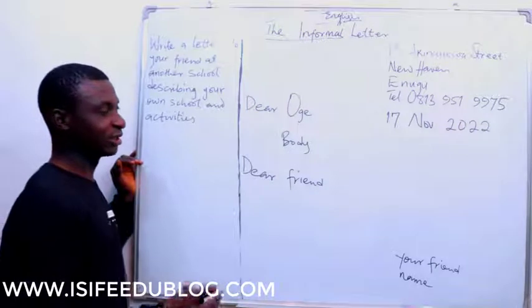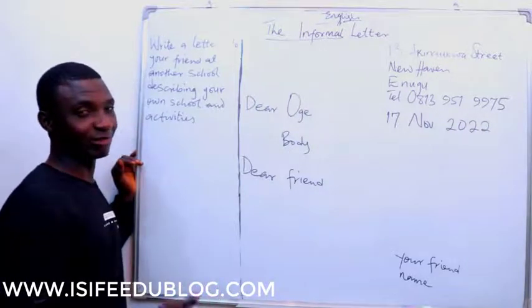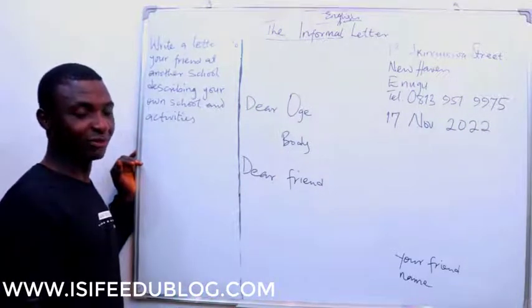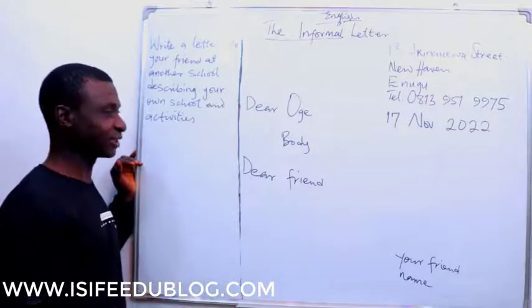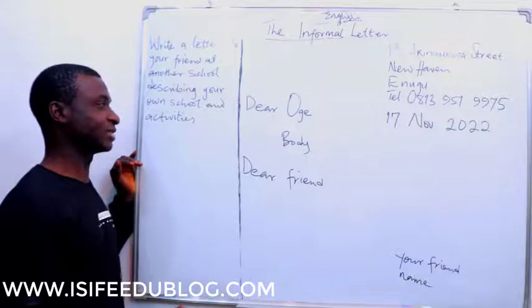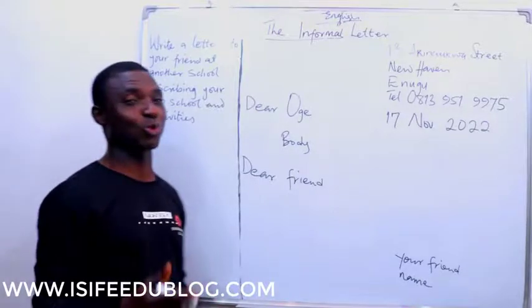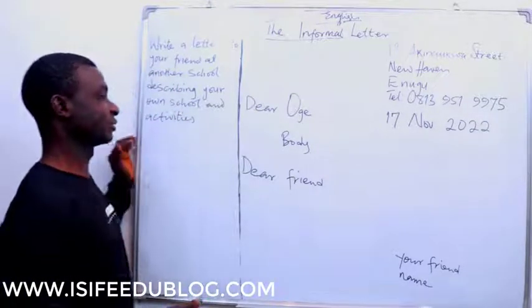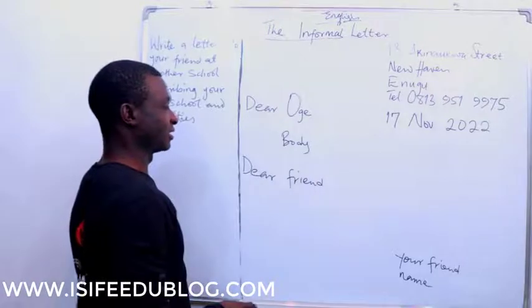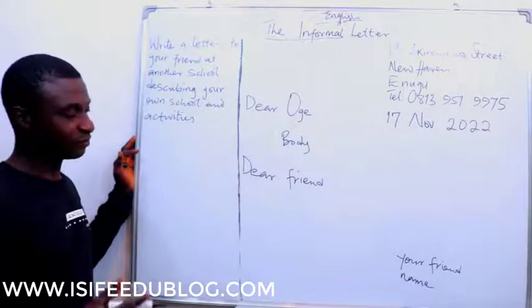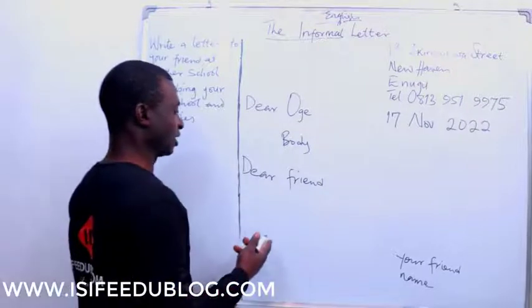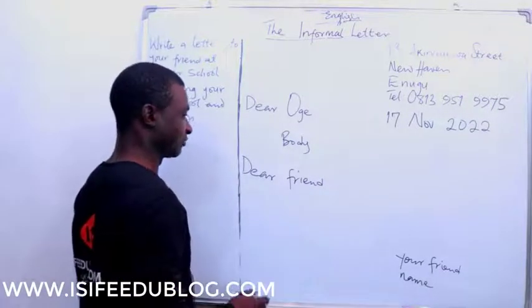You were not born to have just one friend. You could have 25, you could have 2, you could have 3 friends. I really doubt if there is anybody in this world who has just one friend. So to be precise on the friend to whom I'm writing, I've written, dear Oge. This is a better way than dear friend.